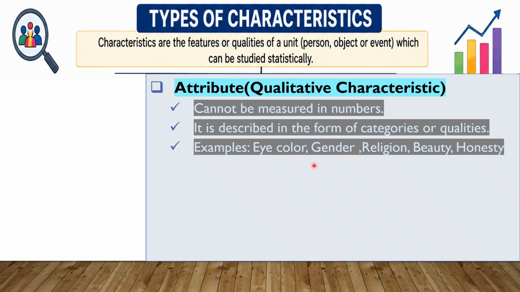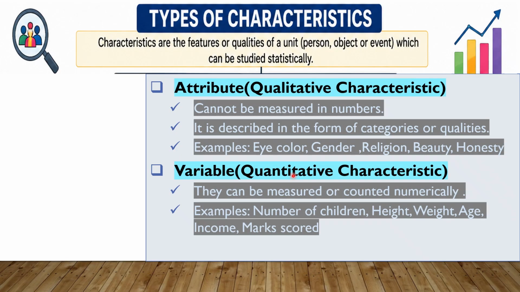It is described in the form of categories or qualities such as eye color, gender, religion of a person, beauty, honesty, etc. Another type is variable, which is a quantitative characteristic of data. They can be measured or counted numerically, such as number of children in a family, height, weight, age, income, and marks scored by students, etc.